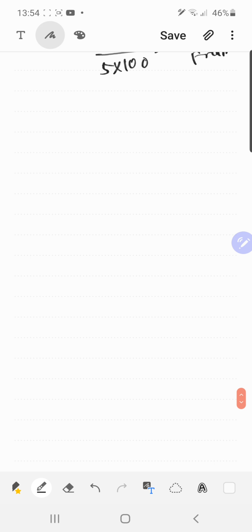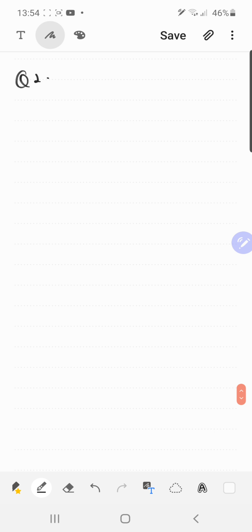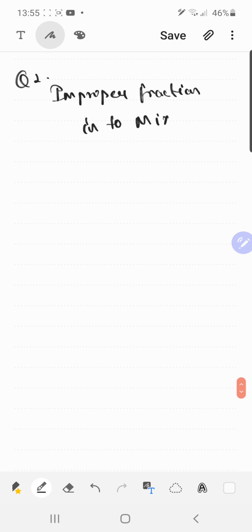Question number 2 says you have to express each improper fraction as a mixed fraction. So in an improper fraction the numerator will be greater than the denominator, so that you can divide and get your mixed fraction. Number 1, 18 upon 5.